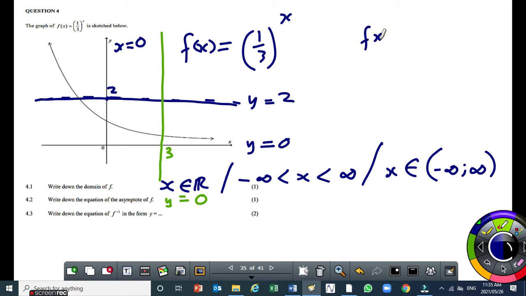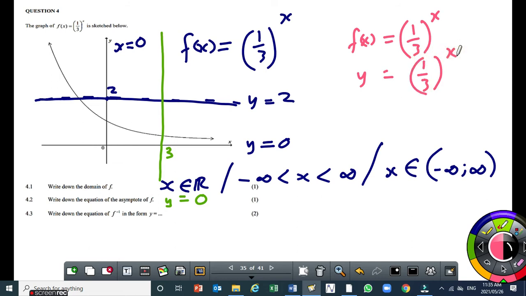So if f of x is equal to one third to the power of x, what this means is that our equation is y equal to one third to the power of x. Then we swap x and y, we get x equal to, or say we interchange x and y.